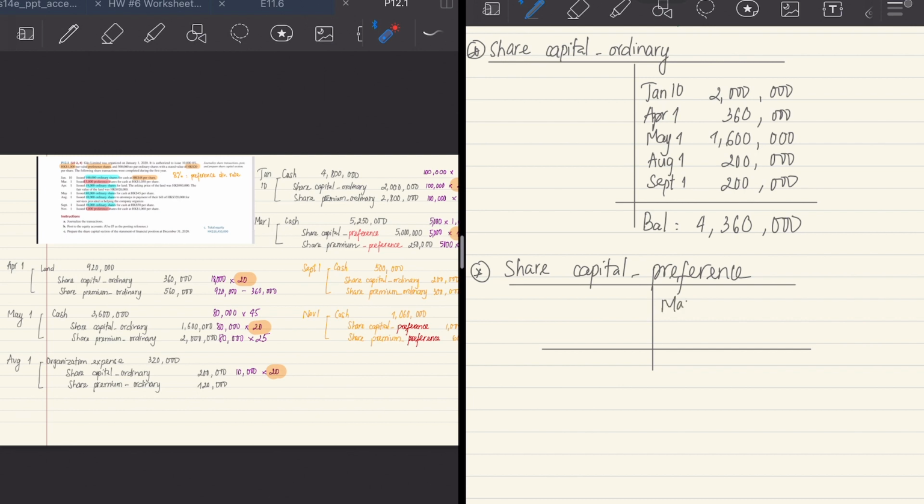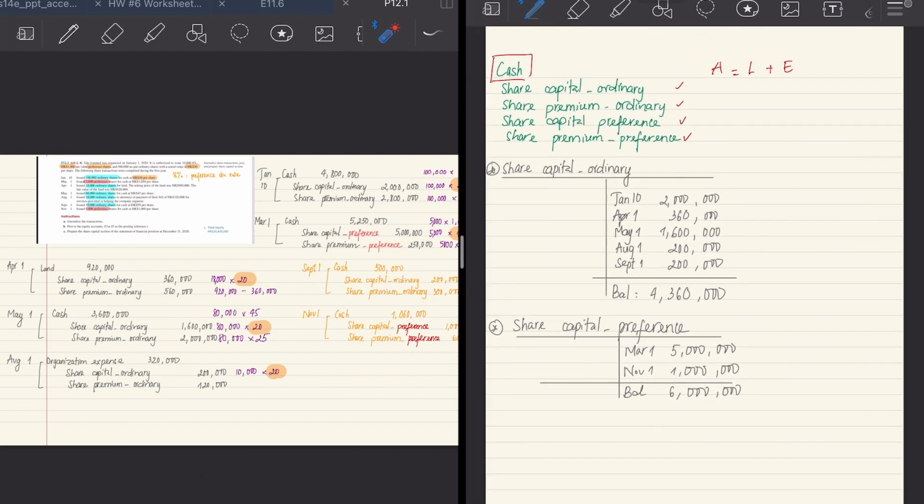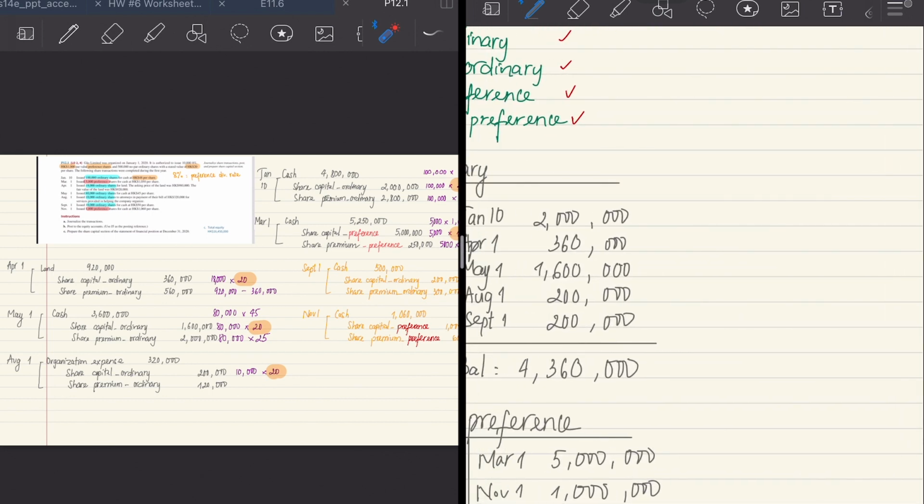It's also on the credit side. March 1st, 5 million. And then is November 1st, 1 million. Okay, balance here is 6 million. Since you're already familiar with this, I will do it a bit faster.